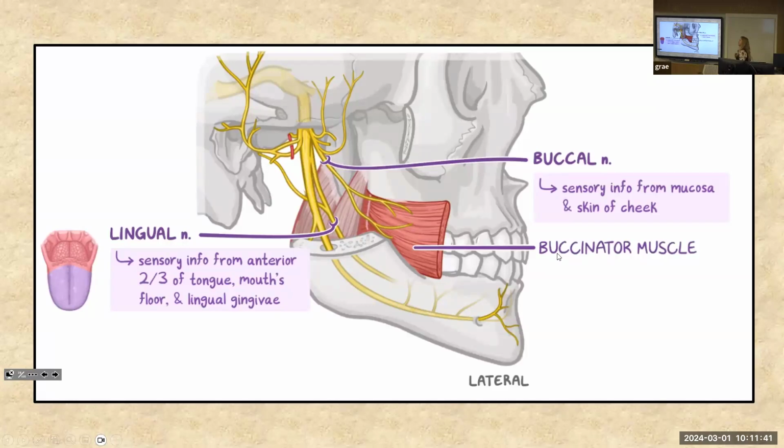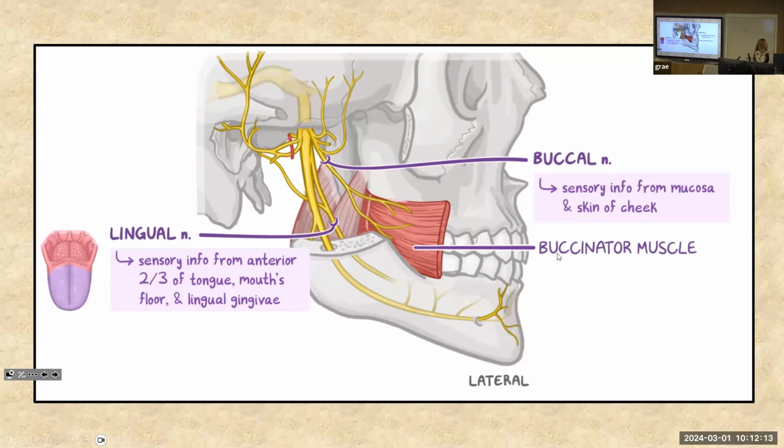Now, the lingual nerve is a decent sized nerve. It can be confused with the inferior alveolar nerve because, as you note, they're both coming approximately from the same area, and they're both coursing in the same plane. But you're going to know the difference because the inferior alveolar nerve is going more laterally towards the mandible to enter the mandible, and the lingual nerve is going towards the tongue.